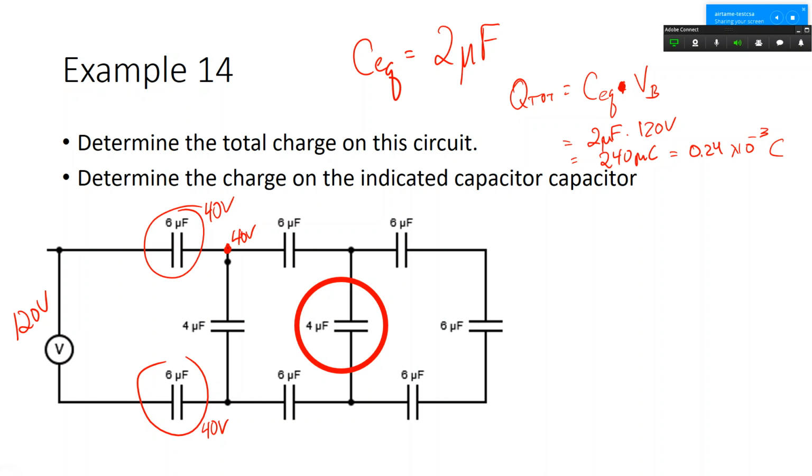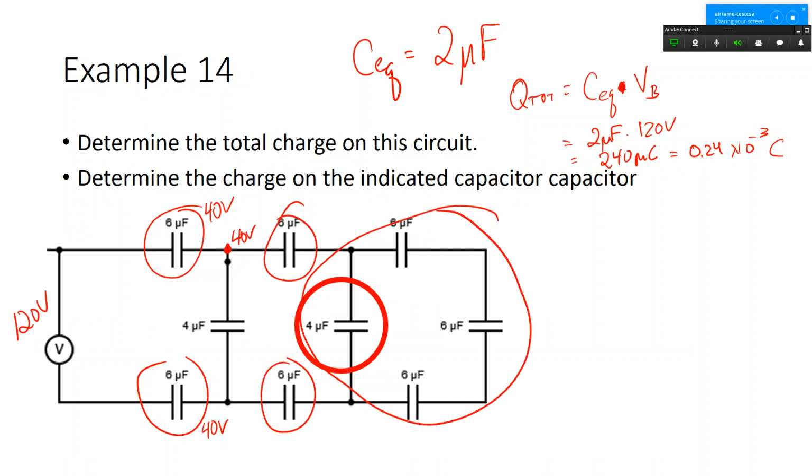There's going to be this branch, where the voltage is going to be 40, and the voltage across everything else is going to be 40 as well. So these three are in series, and they're all nice and uniform as well. 6 microfarads, 6 microfarads, and the equivalent of this is also 6 microfarads.